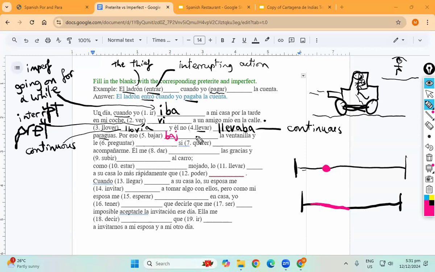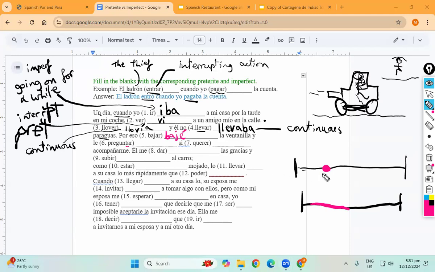Look back at your notes from last week if for some reason you don't remember it. Right, é with an accent, bajé. So bajé la ventanilla. Now, guys, we have to know these endings inside out really well, right?